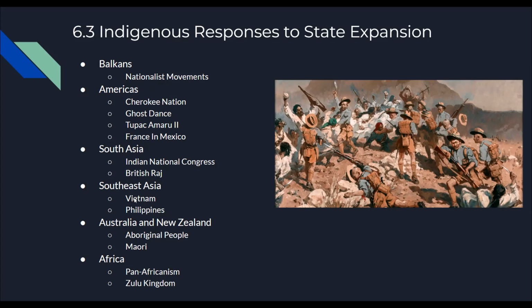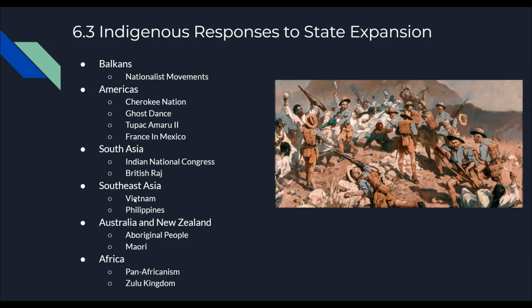Now you also have Vietnam and the Philippines, in which in Vietnam you had resistance against colonial rule, and in the Philippines you had wars against both the Spanish along with wars against the Americans. However, both were oppressed by the colonizers in the end, even though they led a valiant effort to fight.